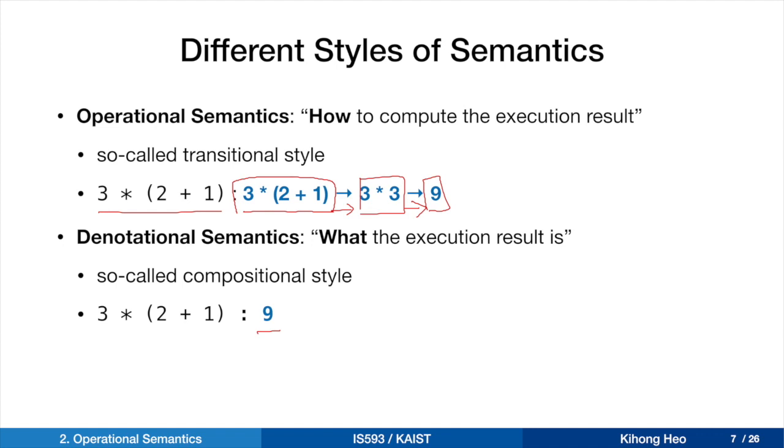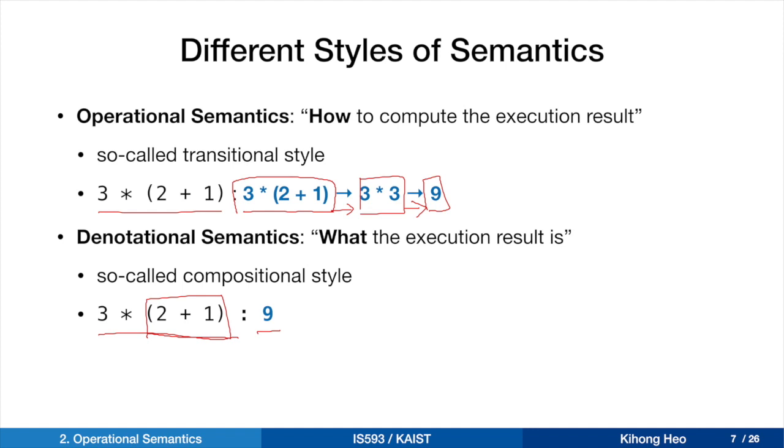That is the meaning of this program using denotational semantics. But notice that to get the final outcome of this whole expression, we have to know the final outcome of all the sub-expressions like this. So the semantics of a program or an expression is compositionally constructed using the semantics of the sub-components. In that sense, denotational semantics is the so-called compositional style.